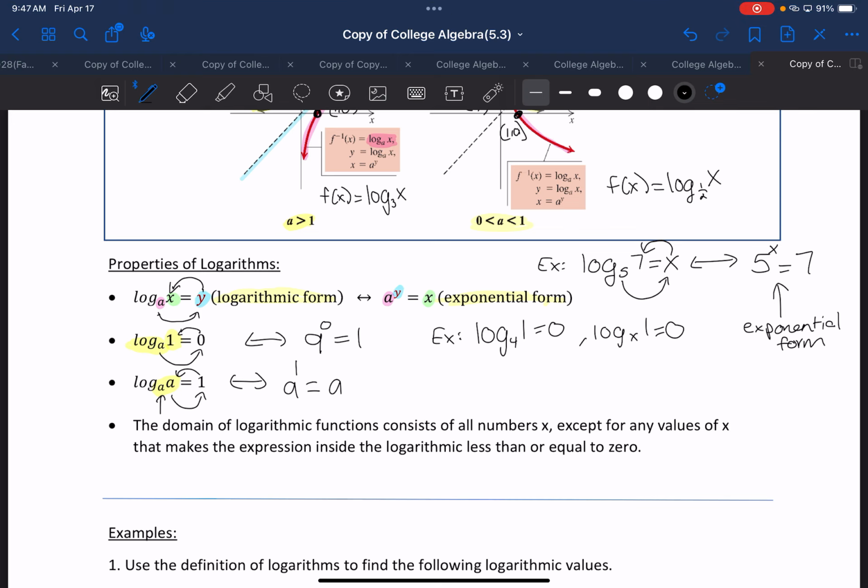So when those match, that will just be equal to 1, because that's the only exponent that will give you back itself. For example, log base 5 of 5 is just equal to 1. Log base 1/2 of 1/2 is just equal to 1. Anytime the subscript and the number inside the log function match, it's equal to 1.